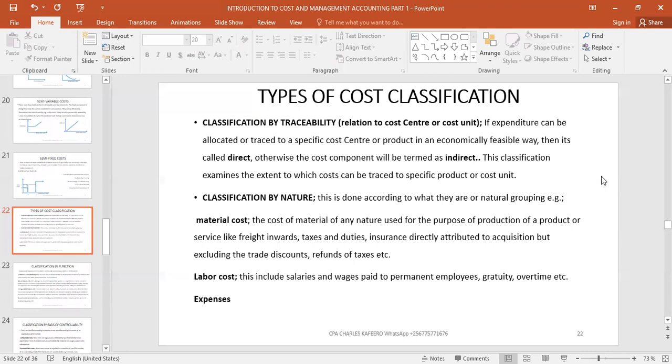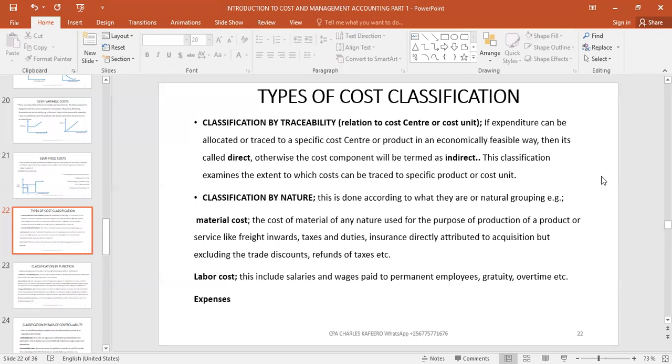There are also other taxes you pay when, let's say, you are shipping the raw materials from abroad. There are other charges you pay, which are supposed to be included in the valuation of the cost of those raw materials.